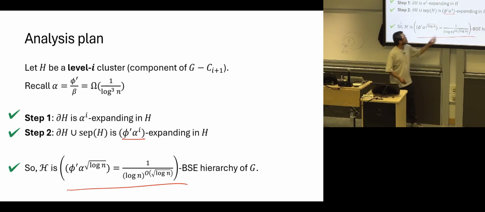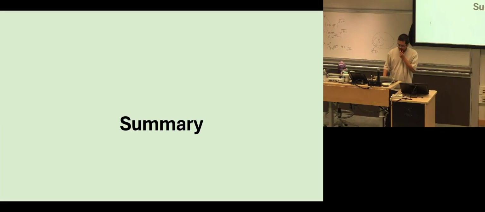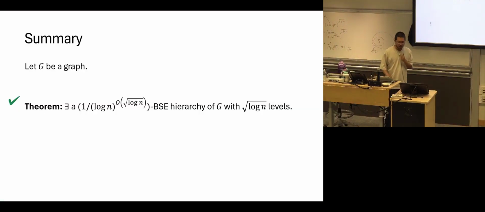And we choose phi prime to be such that the number of levels is just square root of log, so that this thing together is something like 1 over n to the little o(1). Okay, good. So we get this.